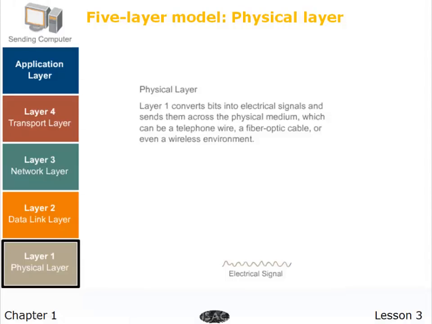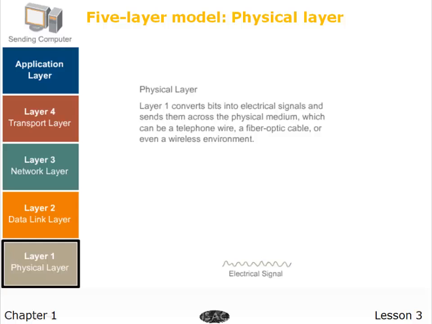Physical layer. The physical layer converts bits into electrical signals and sends them across the physical medium, which can be a telephone wire, a fiber optic cable, or even a wireless environment. All these specifications are defined by the physical layer.